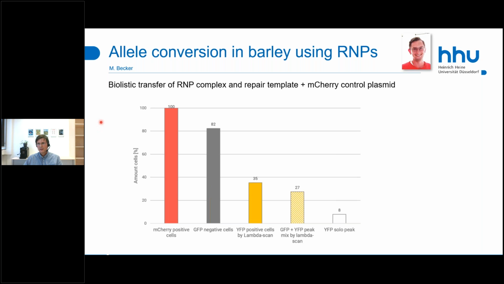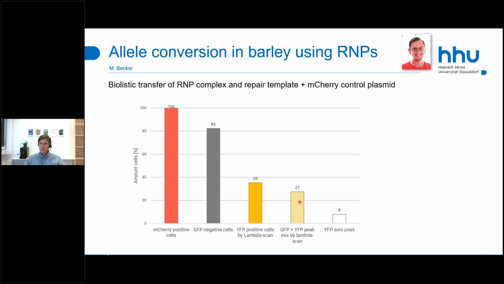To have a measure for still viable cells, we co-bombard the mCherry, and this was then set as 100%. And from this 100%, 82 was GFP negative. This means they had a mutation in the GFP gene. So 35 had a positive signal for YFP.